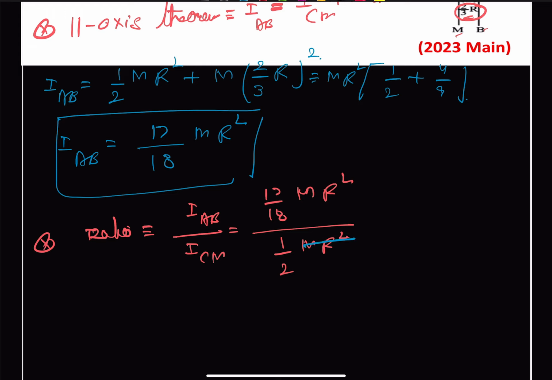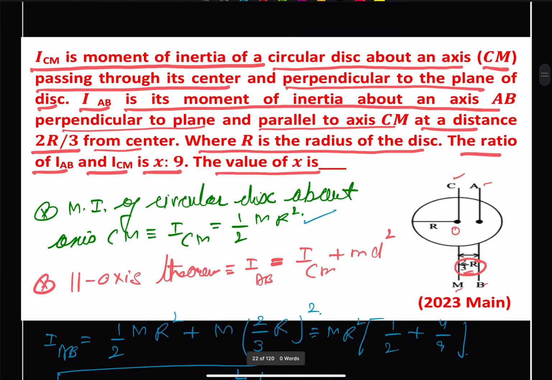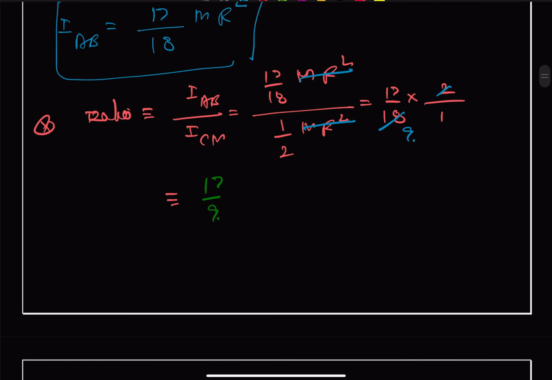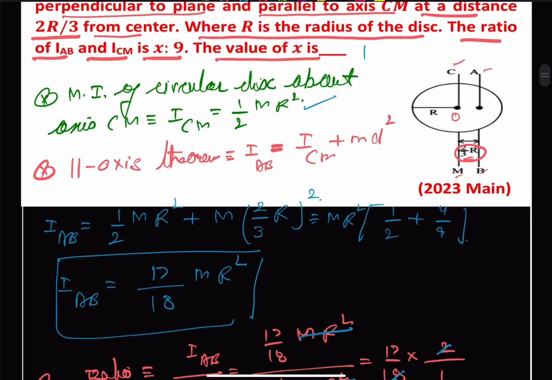Here mr square and mr square go away, so we get 17 upon 18 multiplied by 2 by 1, and this 18 goes by 9, so the ratio will be equal to 17 upon 9. In the question it is given as x upon 9, so we can say this is equal to x upon 9. Therefore the value of x is 17.